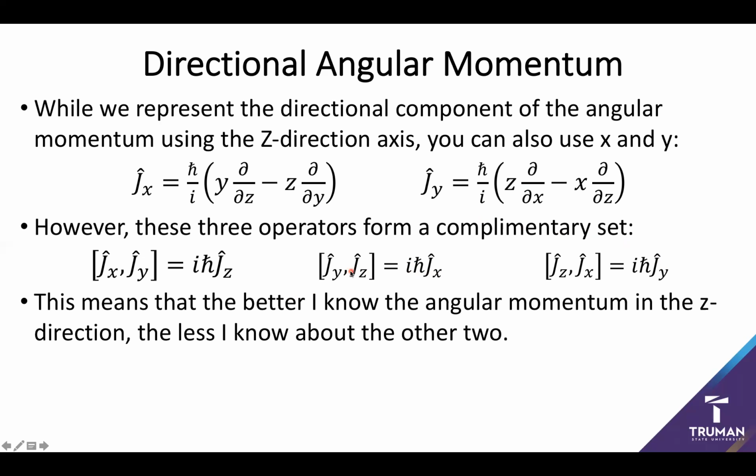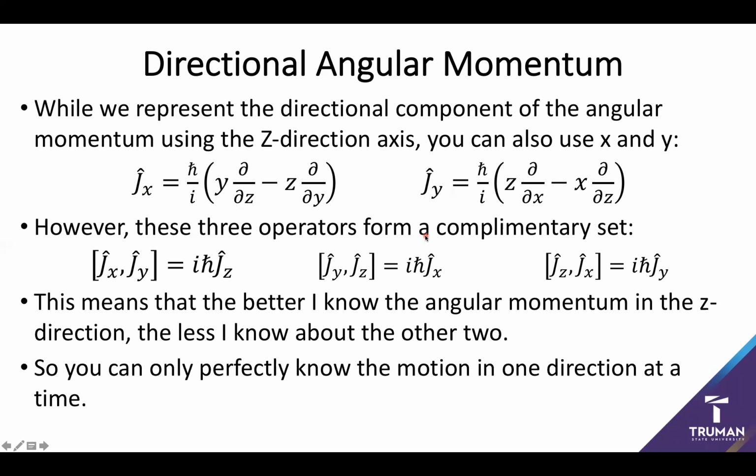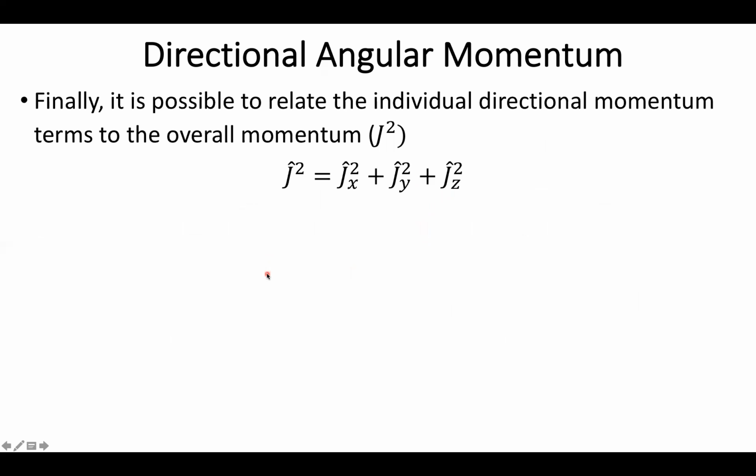I know I've got 0.3 h bar of angular momentum in one of these 2 directions, but there is actually no way for me to know which direction it is. So we can only know one of them perfectly at a time, and we just choose by convention to use the JZ.